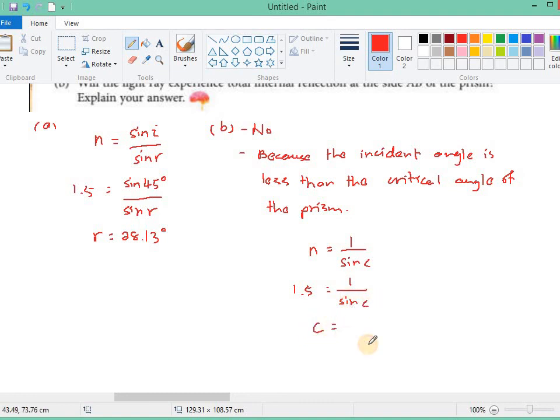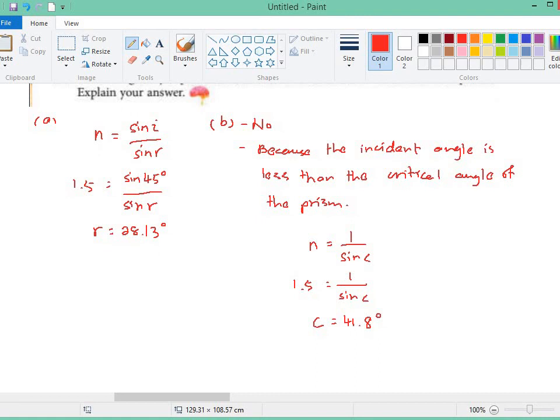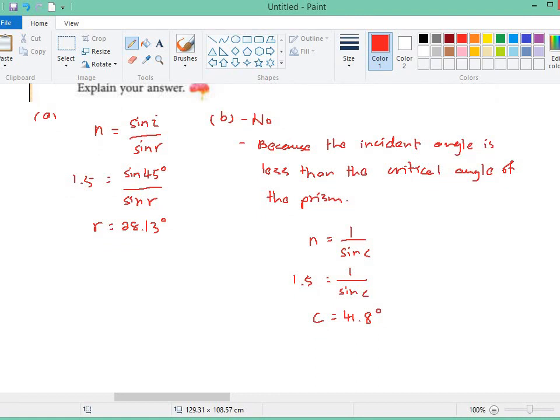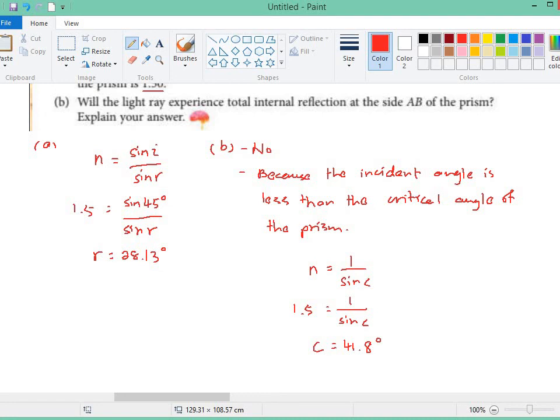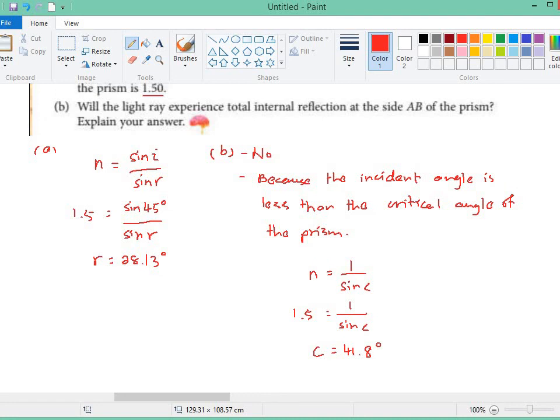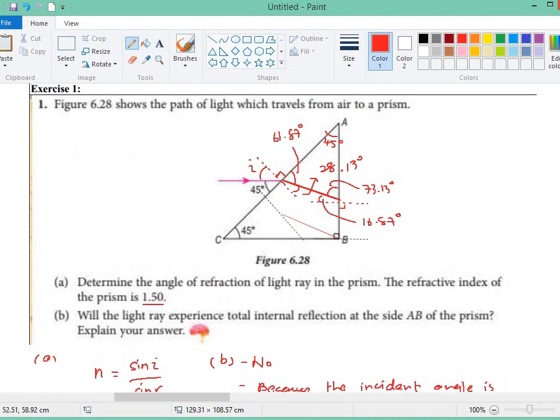So the critical angle will be 41.8 degrees. So the incident angle is less than the critical angle of the prism.